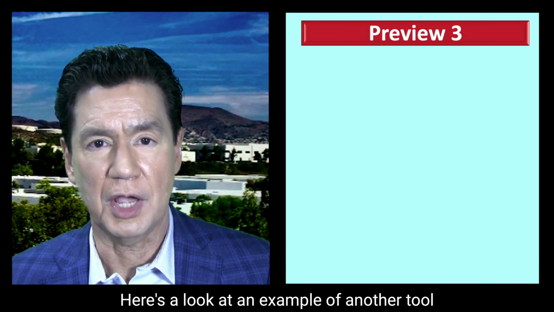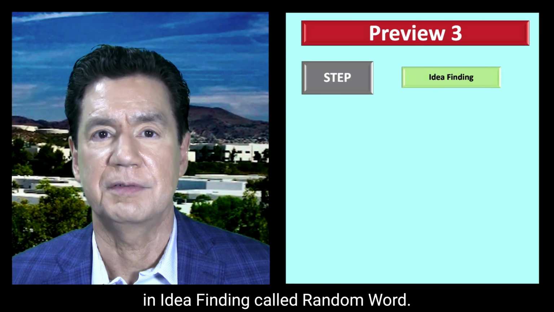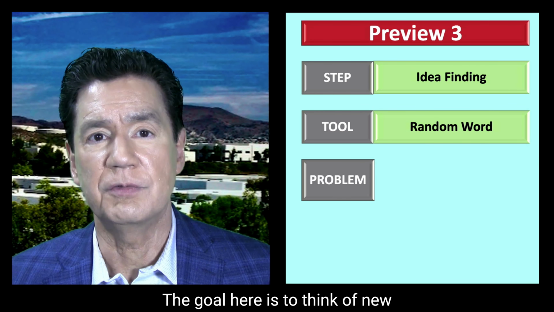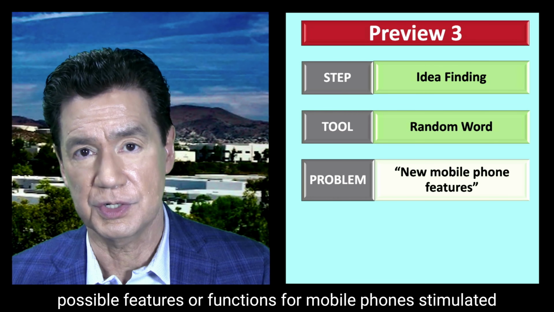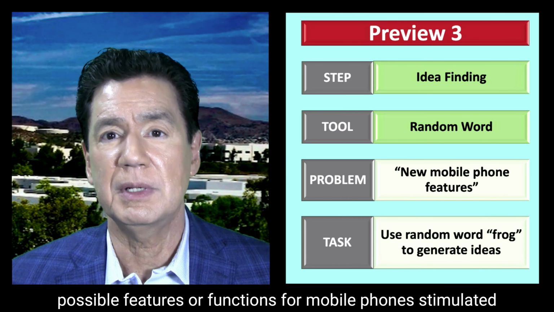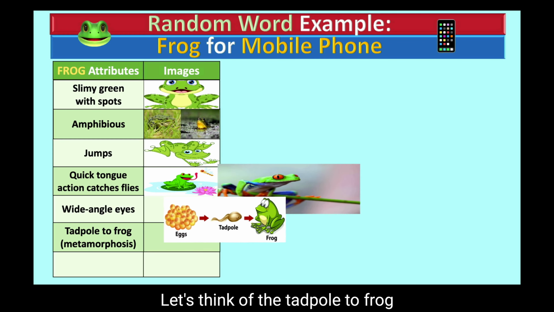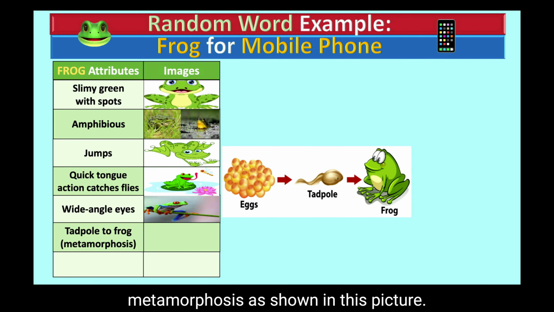Here's a look at an example of another tool in idea finding called Random Word. The goal here is to think of new possible features or functions for mobile phones, stimulated by the word frog and its attributes. Let's think of the tadpole to frog metamorphosis as shown in this picture.